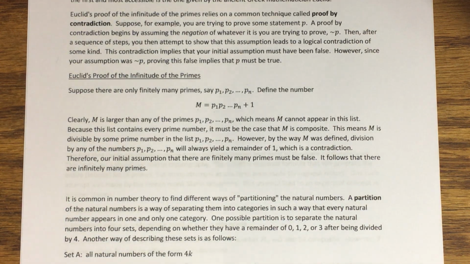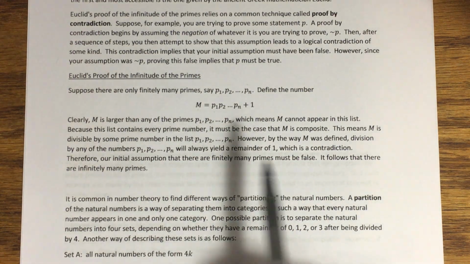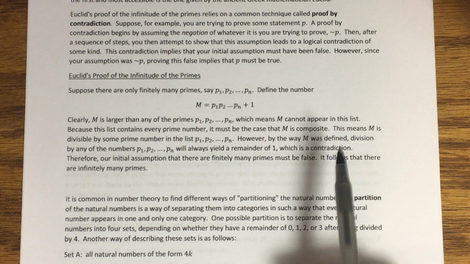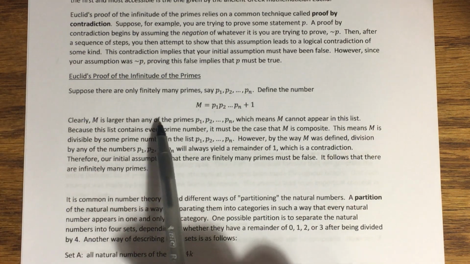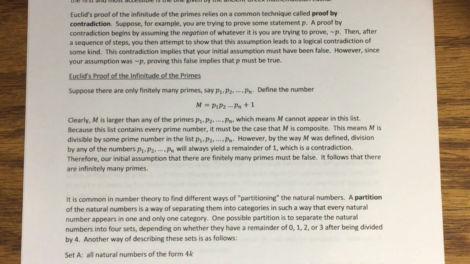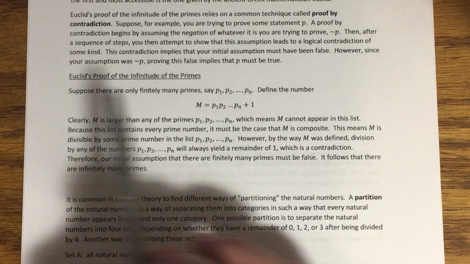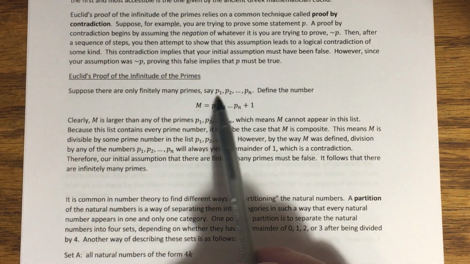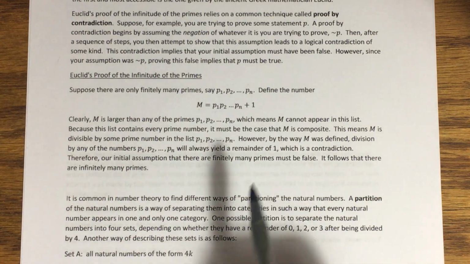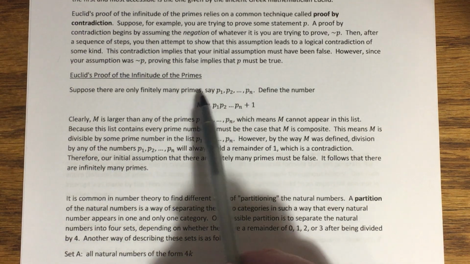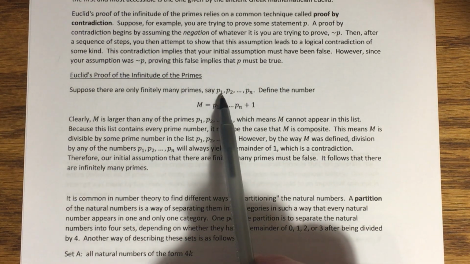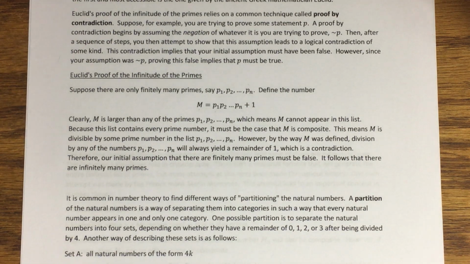And because there's a remainder of 1, that actually contradicts the assumption that m would have been divisible by that prime in the first place. That's the contradiction that leads us back to our original assumption, turning that into something that's false. So the original assumption, once again, was the fact that there's finitely many prime numbers. That contradiction implies that this assumption here must have been false, therefore there must be infinitely many primes.